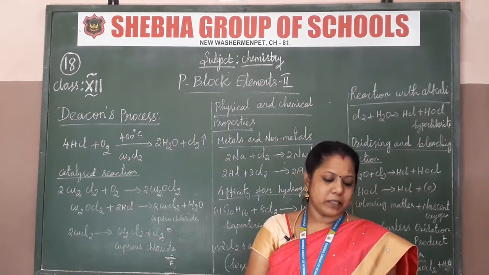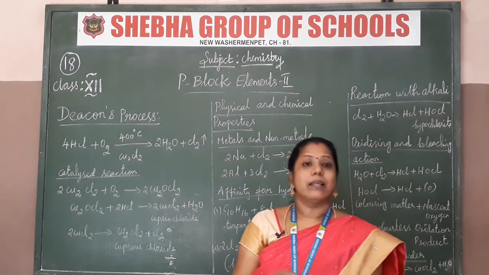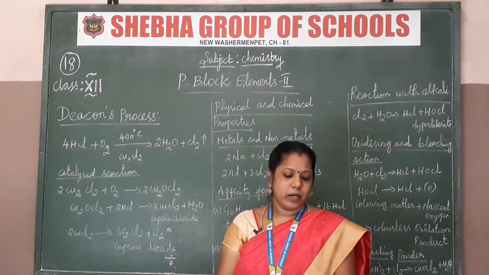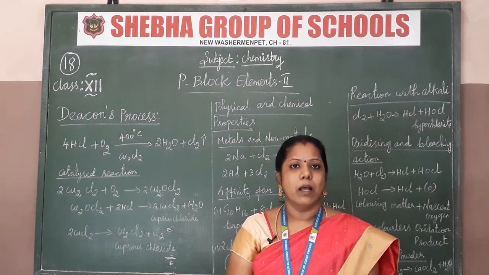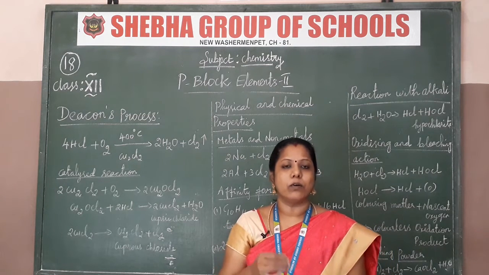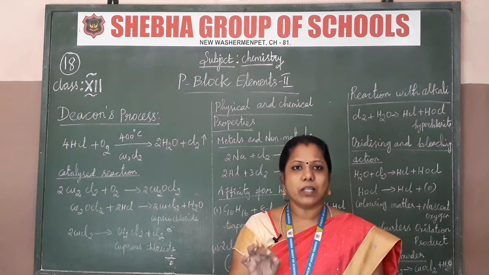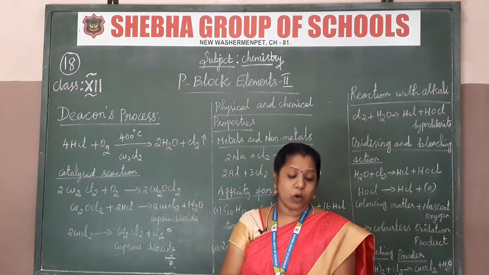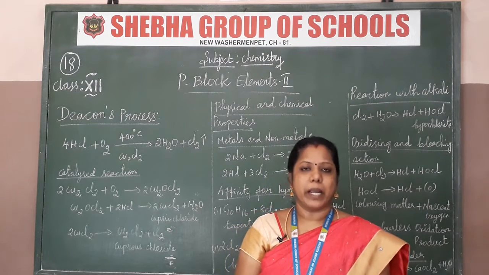And for its properties, when it reacts with water it forms hydronium ions. Hydronium ion means H3O plus, with chloride ion Cl minus.